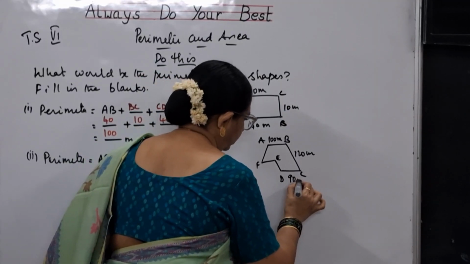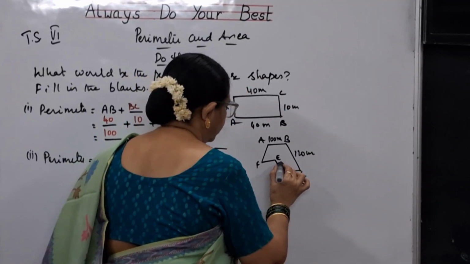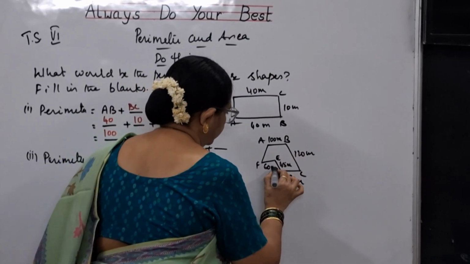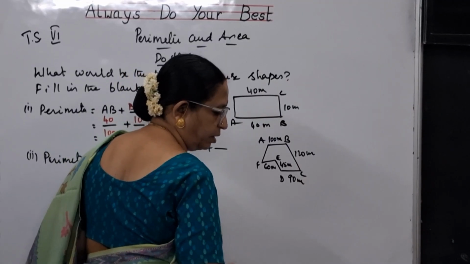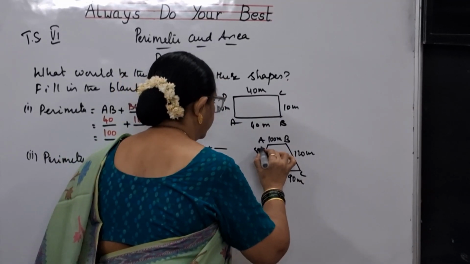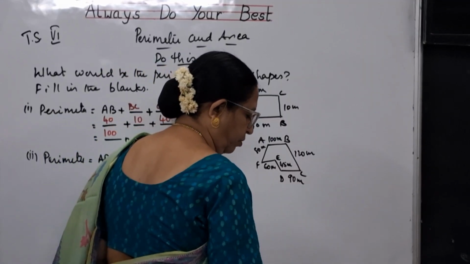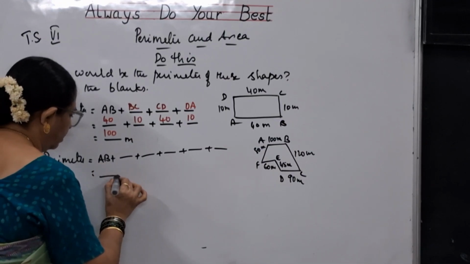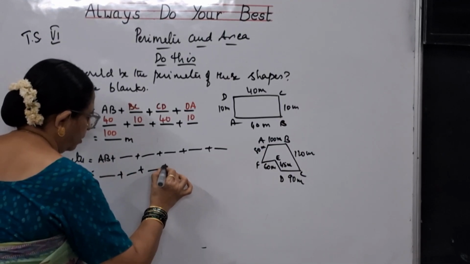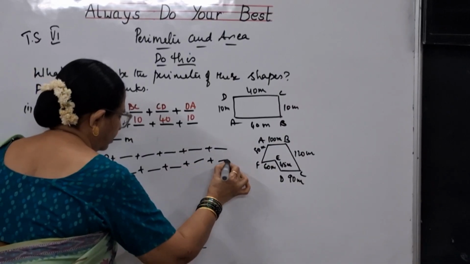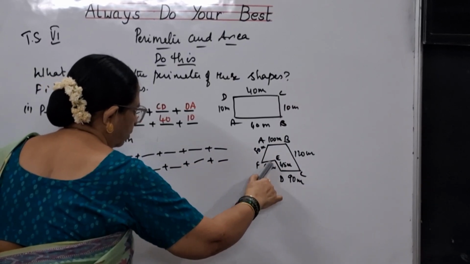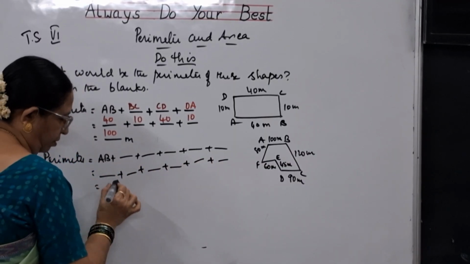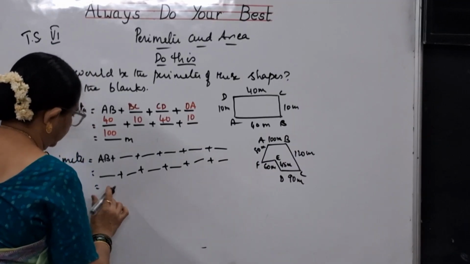CD is 90 meters. DE is 45 meters and FE is 60 meters and AF is 80 meters. So this is given to you. You need to find out. This is equal to dash plus dash plus dash plus dash plus dash plus dash. How many? 1, 2, 3, 4, 5, 6 sides. So this is equal to dash meters.